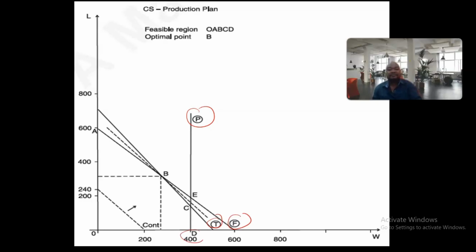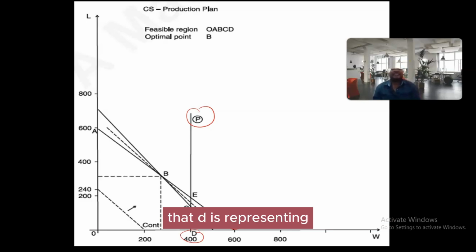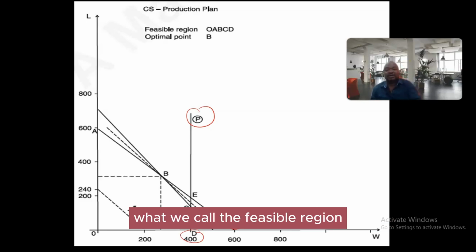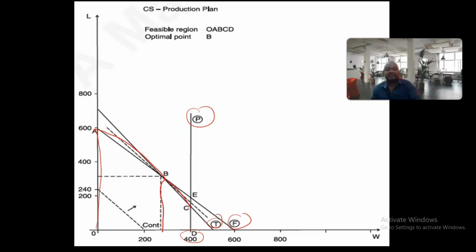Okay, the examiner has actually indicated it with a D as a tip there, although that D is representing what we call the feasible region. This is the feasible region.